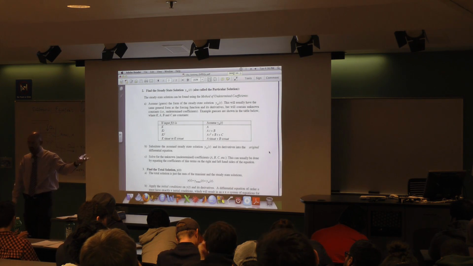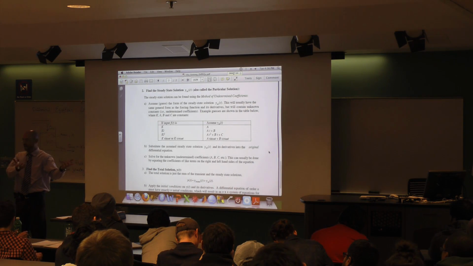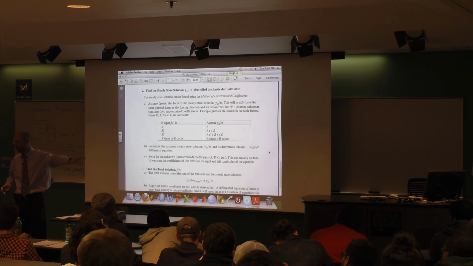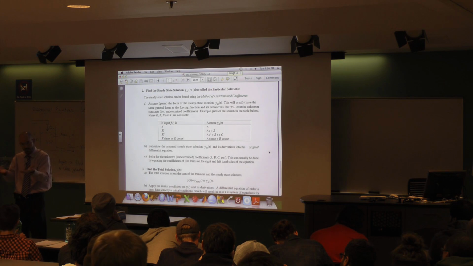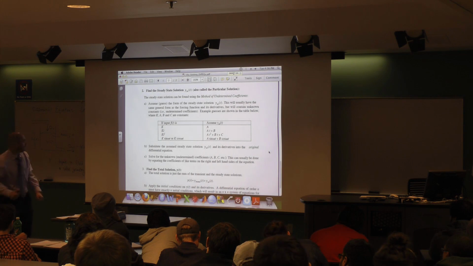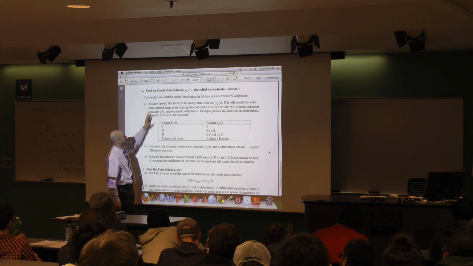If the other part dies out, in the end, I've got to be left with f of t, or the equation's not true. So once the transient part's gone, I've got to have something that's there forever. And whatever that is, that's steady state. It means there in the long term. And so that's what we find next.